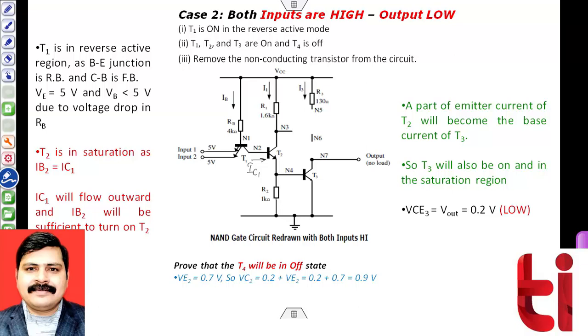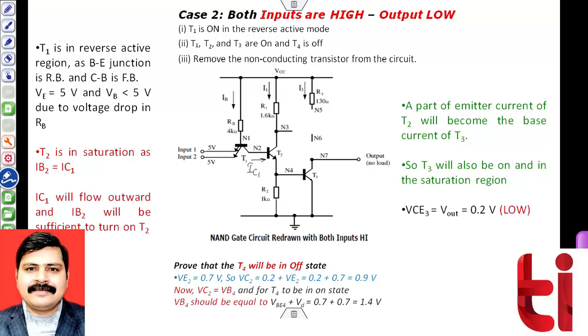Now, suppose I want this transistor T4 to be on, that means VC2 will be equal to VB4. And for T4 to be on, the condition is VB4 should be equal to VBE4 plus VD. So there is a diode also. So it is 0.7 plus 0.7, that means 1.4 volt. That means the voltage VC2 should be equal to 1.4 volt.